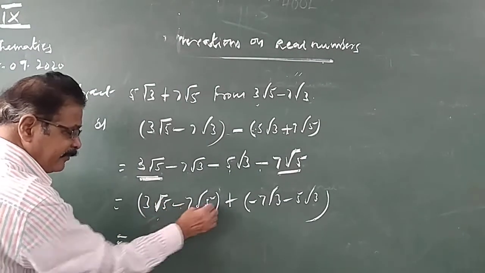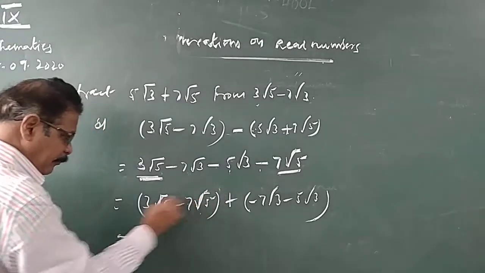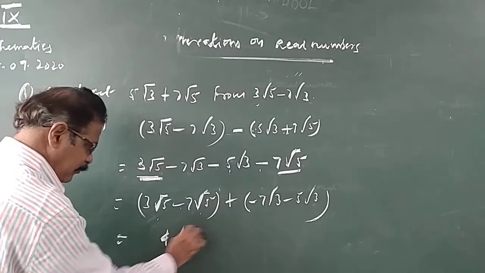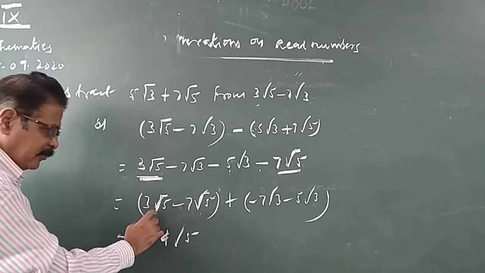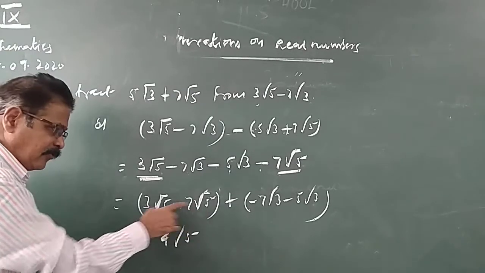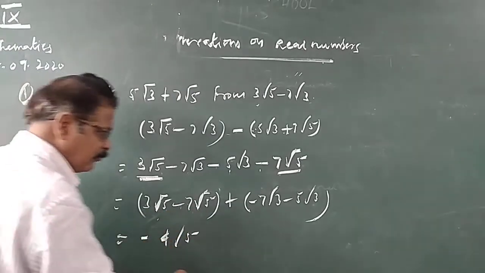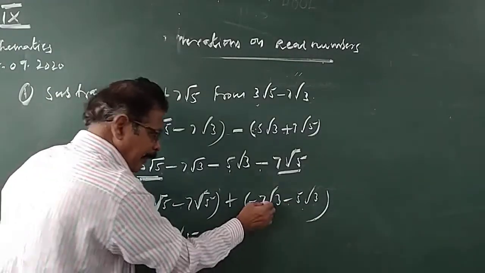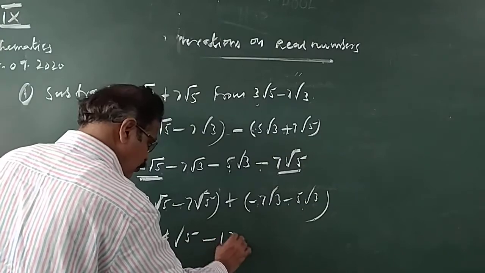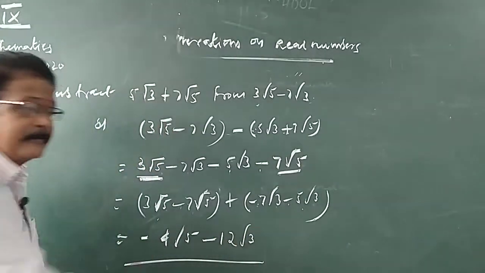3 root 5 minus 7 root 5. 7 minus 3 is 4, 4 root 5. The sign is what? Minus 4, because 3 root 5 is less than 7 root 5, and the 7 root 5 side is minus. That is why minus 4 root 5. Here same signs. Minus 7 root 3 minus 5 root 3, minus 7 minus 5, minus 12 root 3.